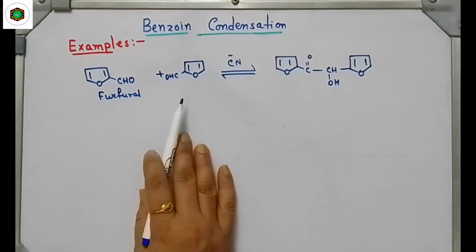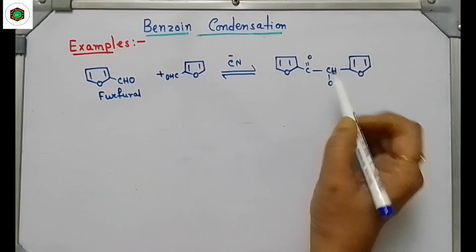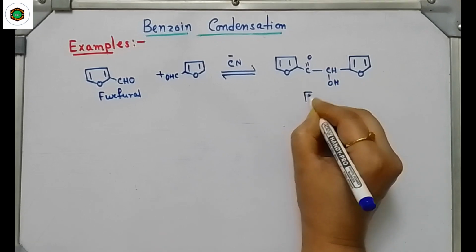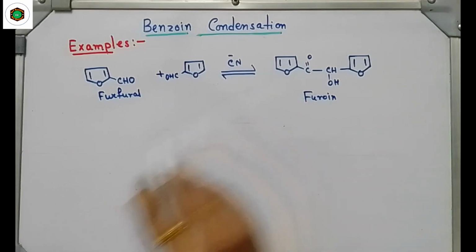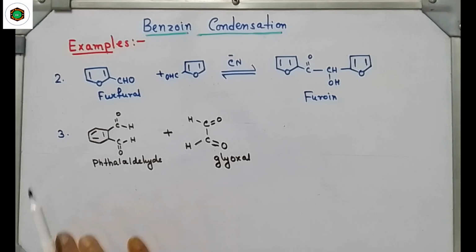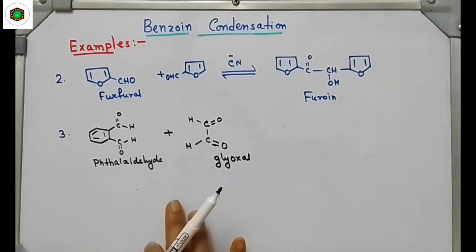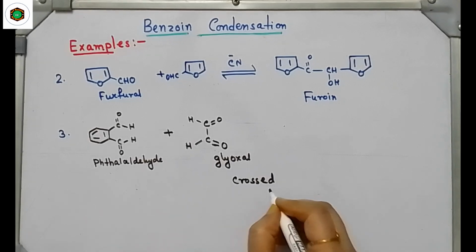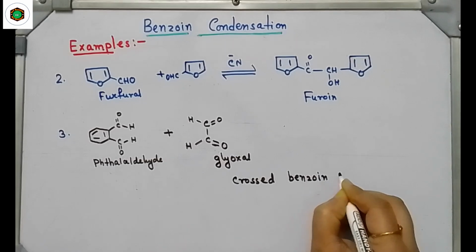Remember, furfural undergoes benzoin condensation to form furoin. This is an alpha hydroxy ketone. Now see, this is a self condensation reaction. If the donor and acceptor molecules are different aldehydes, then it is called crossed benzoin condensation.